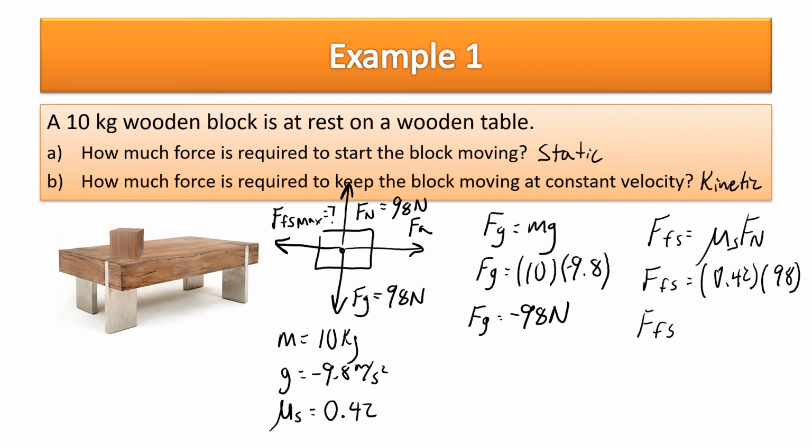So the static friction, this is really the maximum static friction, is equal to 41.16. I'll leave it a long decimal because we're going to compare it to the kinetic. Really 41.2 is fine, or even just 41 newtons. That's the maximum static friction that we need to overcome. So if you apply a force of 41.16, just a little bit more than that, you'll start moving.